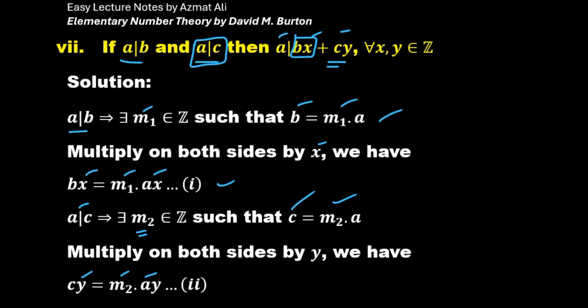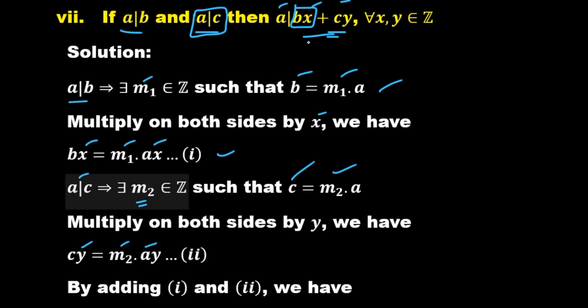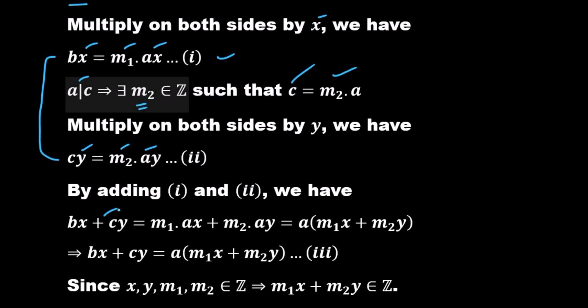Now lastly, this is the form of sum. Adding these two equations 1 and 2, we have bx plus cy is equal to m1 into ax plus m2 into ay. By taking A as a common factor, we have m1x plus m2y. This shows that bx plus cy is equal to A into m1x plus m2y.